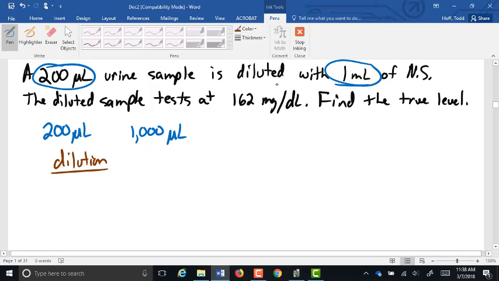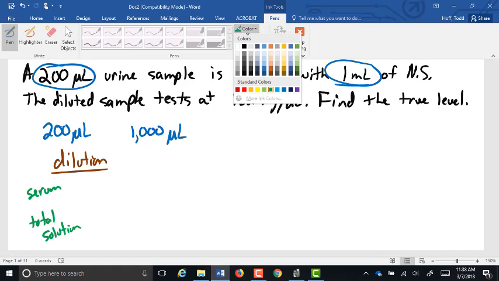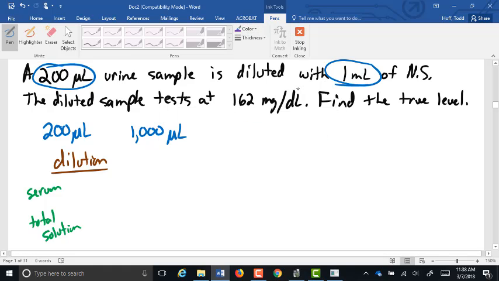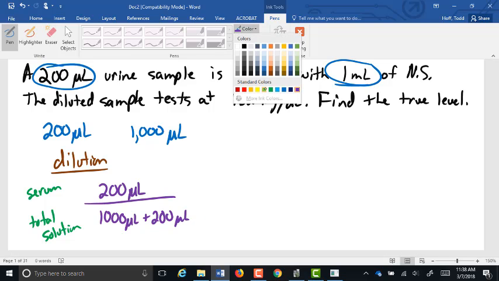Remember, dilution is parts serum to total parts of solution. So for this case, we have the 200 microliters of the urine over 1,000 plus 200 for our total.